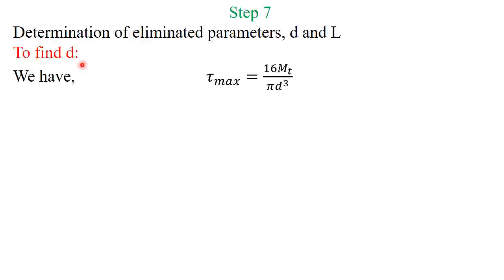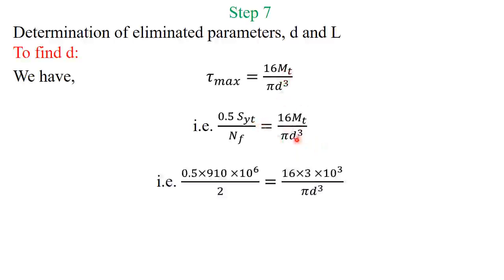So now you have to find the diameter D. The unknown parameters, also called eliminated parameters, D and L, you have to find out. Any equation you can think of which consists of D as unknown: Tau max is equal to 16 mt upon pi d cube. Tau max is equal to 0.5 S by t by factor of safety, equal to 16 mt upon pi d cube.